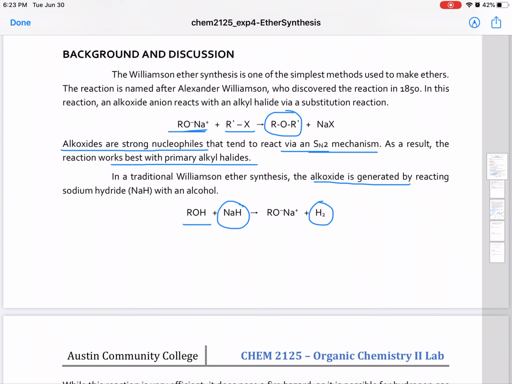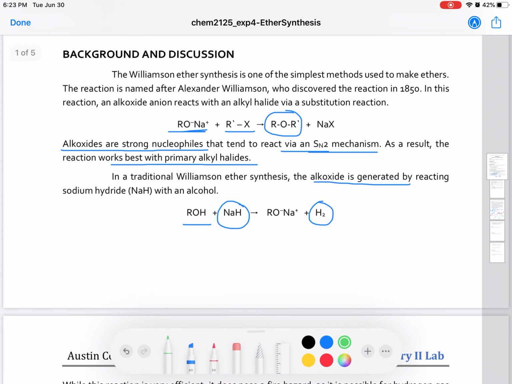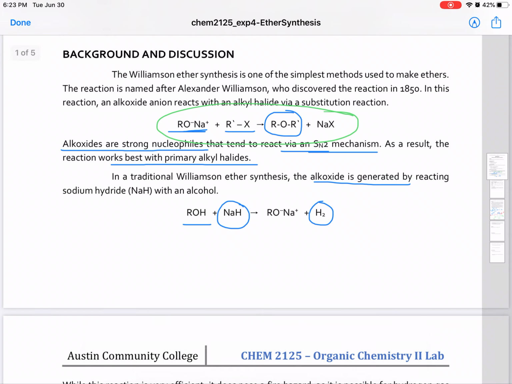And then the alkoxide ion reacting with an alkyl halide is given with this one. So this is not what you're going to write when it says what is today's reaction that you did. You have to refer to the acetaminophen reacting with sodium hydroxide, then formation of the alkoxide anion, and then the alkoxide anion reacting with ethyl bromide.